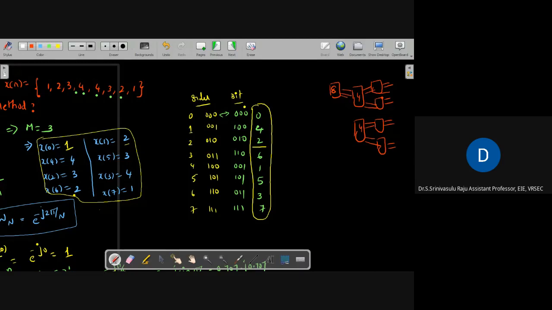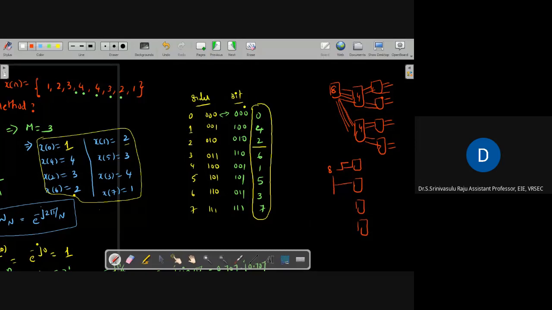Now we are coming to the reverse order. DIT follows the reverse order. First, the 8 points are divided into four 2-point blocks, so each block has 2 inputs.